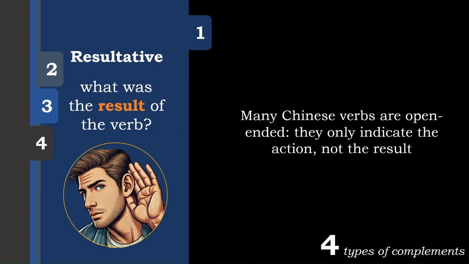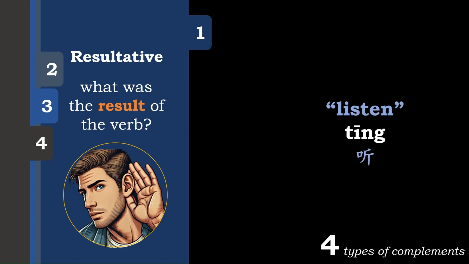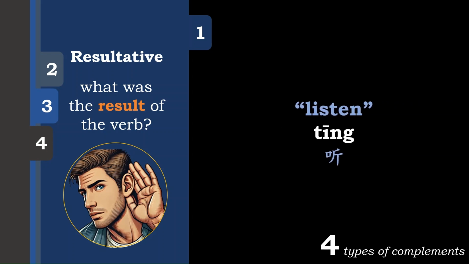But many Chinese verbs are open-ended. They only indicate the action and not the result. Take, for example, the verb ting, which means listen. And of course, the result of listen is hear.